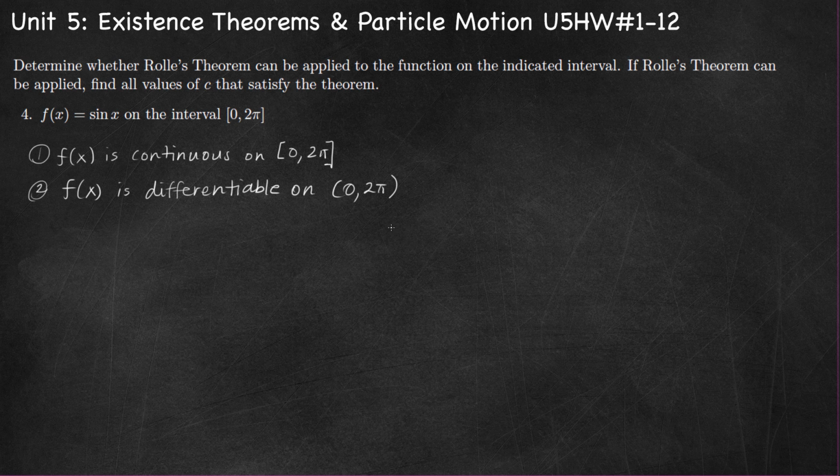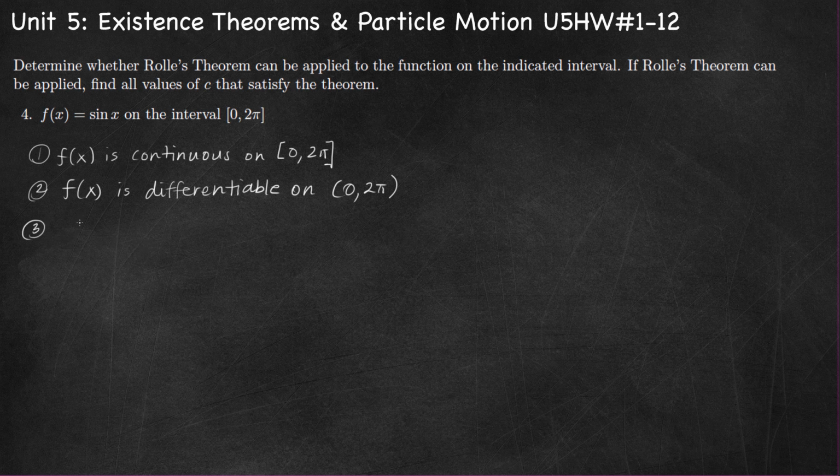So in this particular case, it would be okay if we combined steps 1 and 2 and said that it's continuous and differentiable on the closed interval from 0 to 2 pi. Or even if we said continuous and differentiable over the set of real numbers.